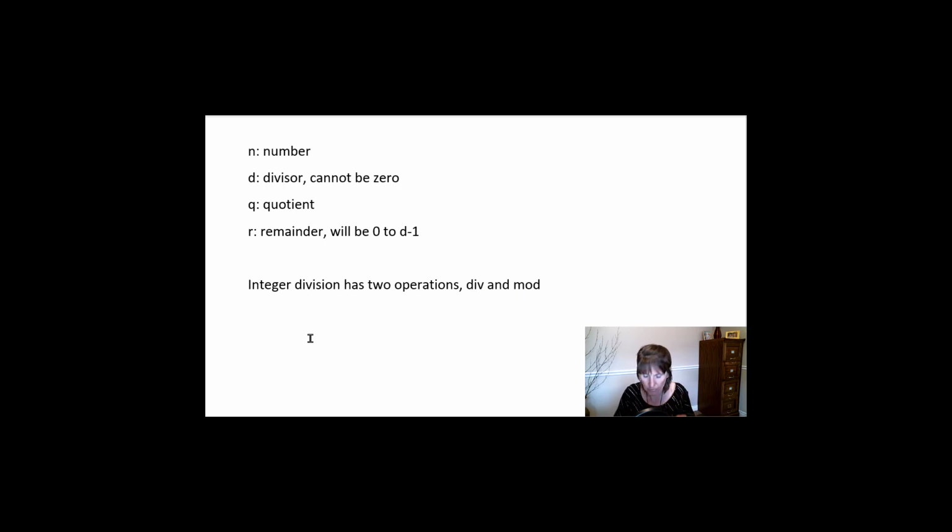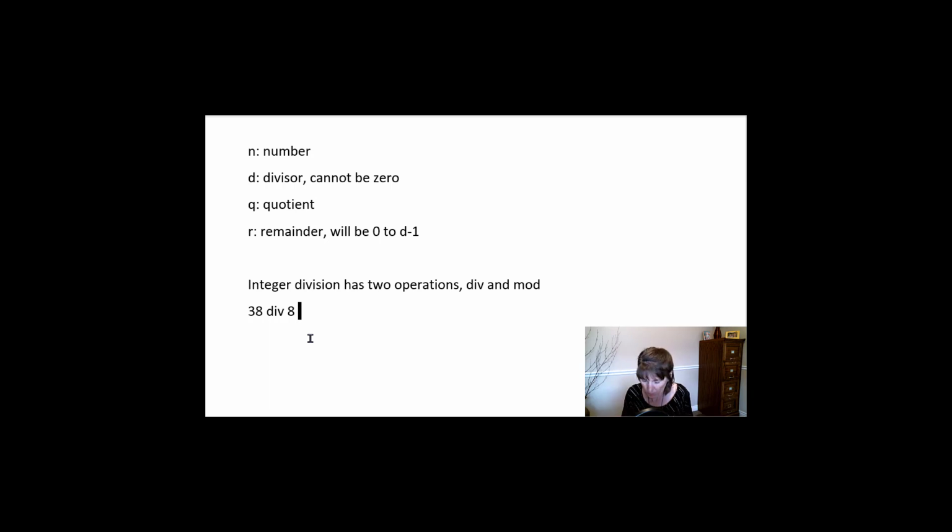So we can do a few of these. We've already done 22 div 6. Let's do something else. Let's do 38 div 8. What do we get when we take 38 div 8? We take 38 and divide it by 8.